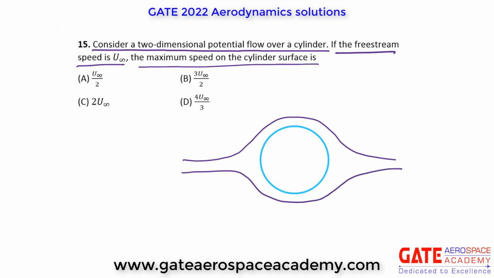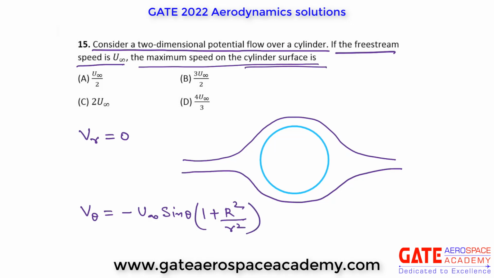So for a cylinder, we know that the radial velocity Vr is 0, and V theta is given by minus u infinity sine theta, bracket 1 plus capital R squared upon small r squared, right. They are asking on the cylinder surface.